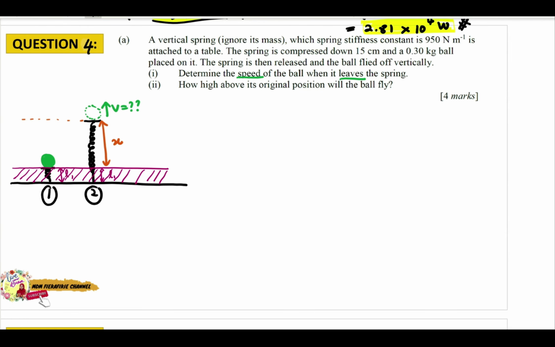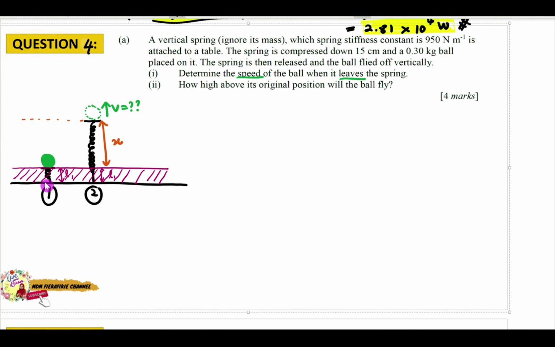Maknanya dia compress sebanyak berapa tu? Kalaulah dia daripada asalnya macam ini, so dia turun ke bawah, so ini dia punya X lah, dia punya nilai dia compress tu. Boleh ini saya guna cara kedua lah. Kalau you nak guna cara yang pertama, boleh. You need to consider L1.